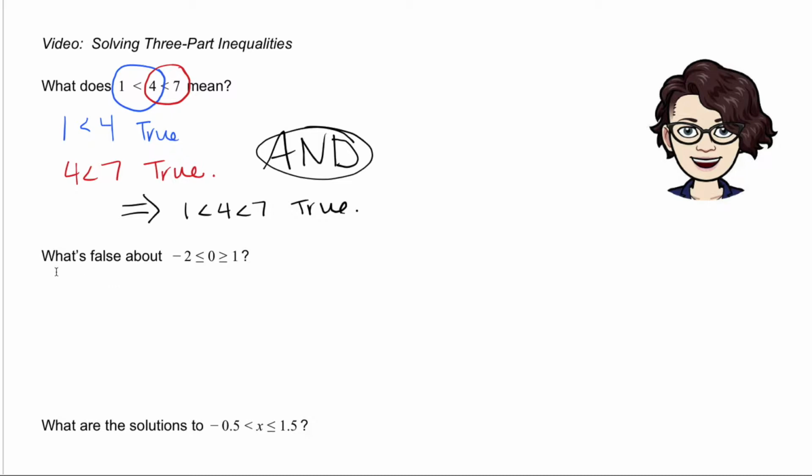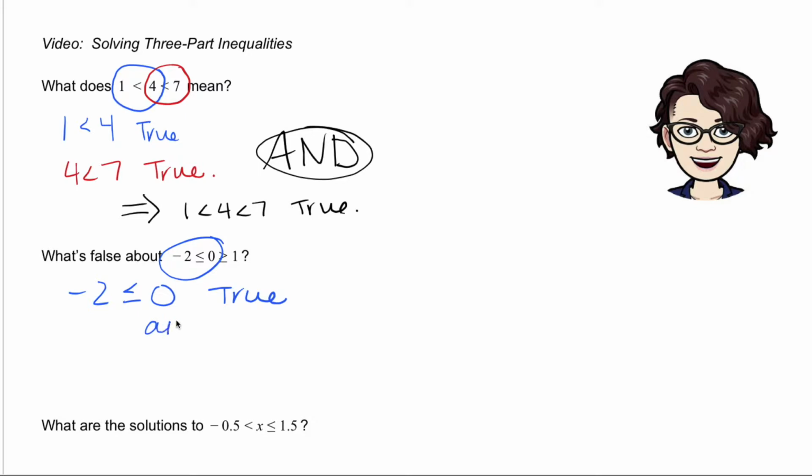So let's consider the inequality -2 less than 0 greater than or equal to 1. What's wrong with this? What's false about this statement? Let's see. If we look at the first half, -2 less than or equal to 0, that's certainly true.